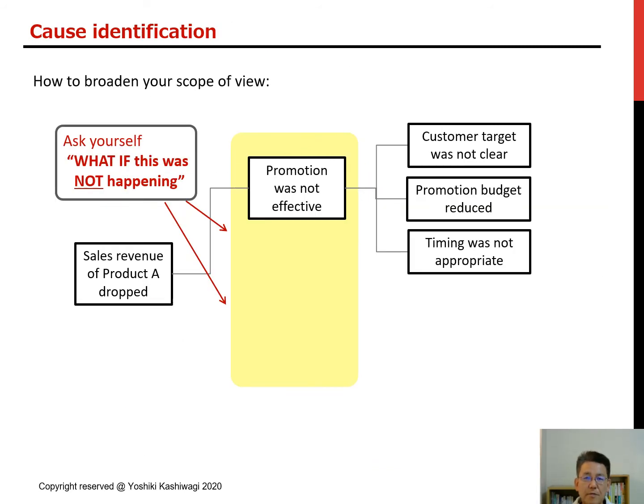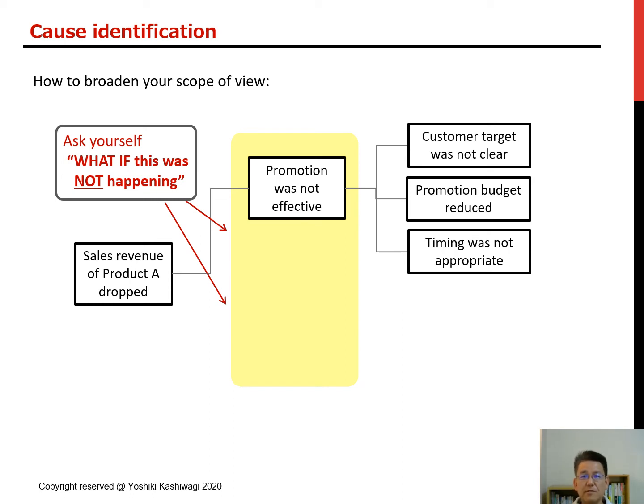This is another technique you can apply for making a logic tree. Now, the sales revenue of the product A dropped, the same problem, and the promotion was not effective. If you struggle to find another reason other than the promotion was not effective, use self-denial. You can ask, what if this was not happening?